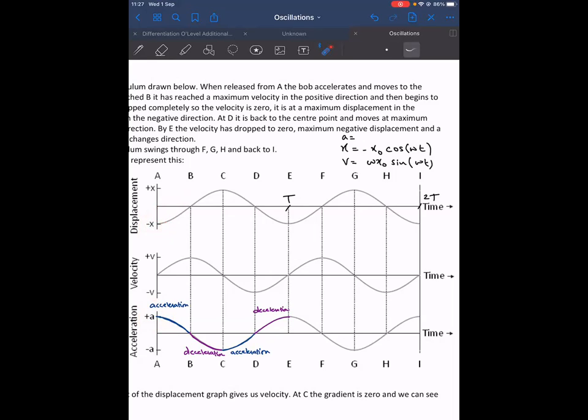Now the variation in the acceleration is going to take the shape of a positive cosine curve, and so the mathematical equation is going to be omega square x naught cos omega t. Just by looking at the graph, आप जो है ना, you can deduce के इसकी जो mathematical equation है वो क्या होगी, representing the variation. ठीक है, तो यहाँ तक बात समझ आ गई, ओमेगा स्क्वायर एक्स नॉट cos ओमेगा t.